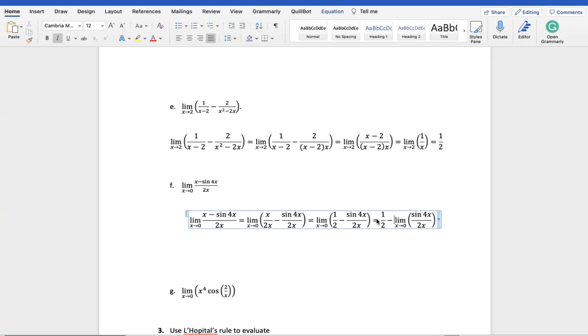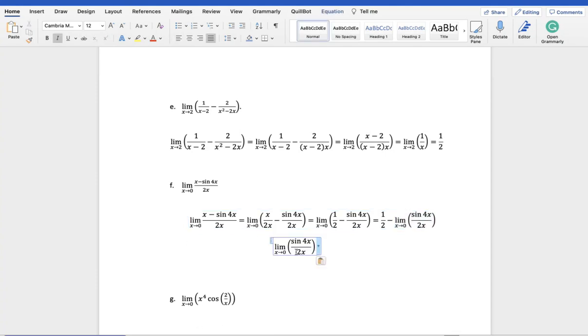So when you evaluate that limit, you remember from your identities that when you have the limit as x tends to 0 of sine ax over ax, this will just give you a.